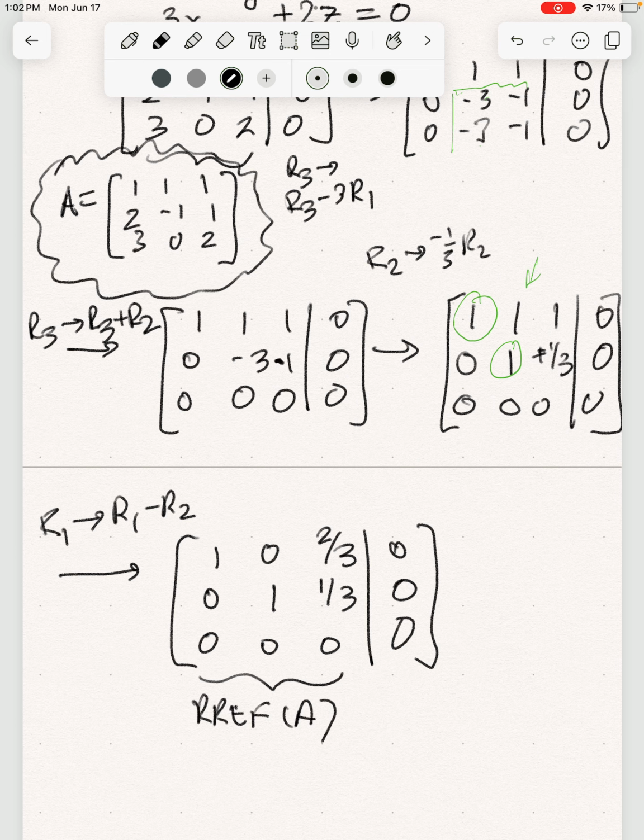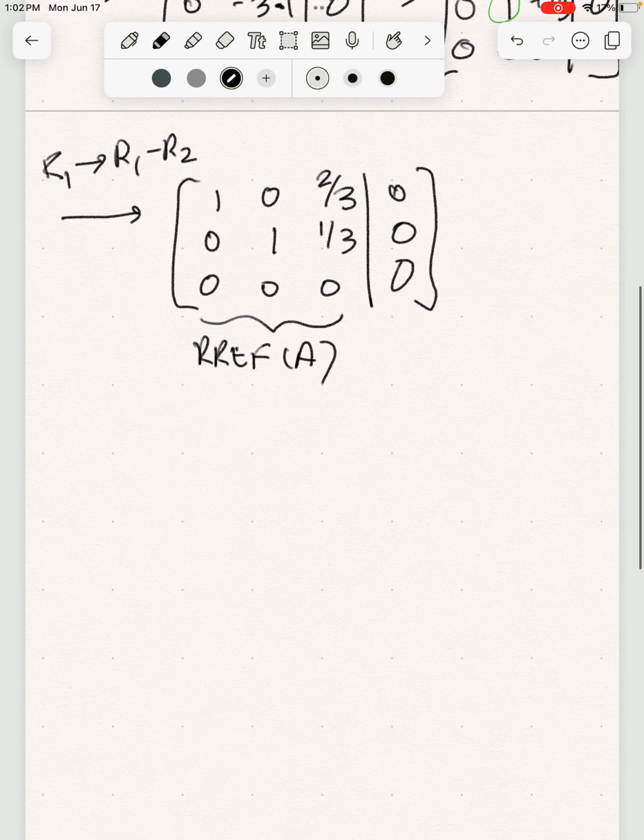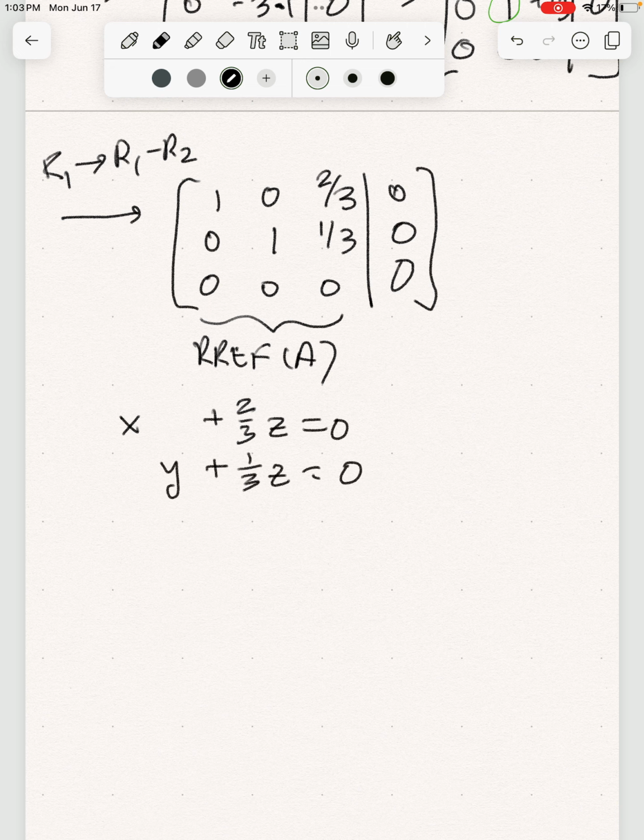And now it's really easy to just write down the solutions. When you write out the equations, it's x + 2/3 z = 0, y + 1/3 z = 0. My pivot variables are x and y. I have a free variable, which is z. So you set z equal to any constant, say z = t.